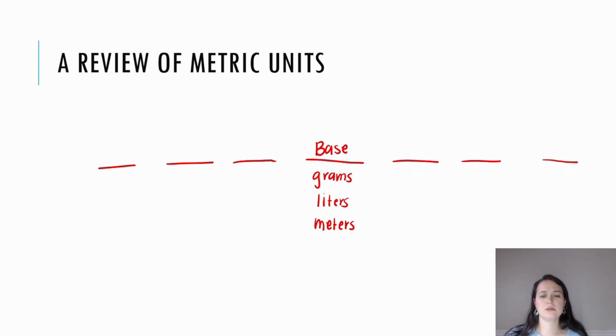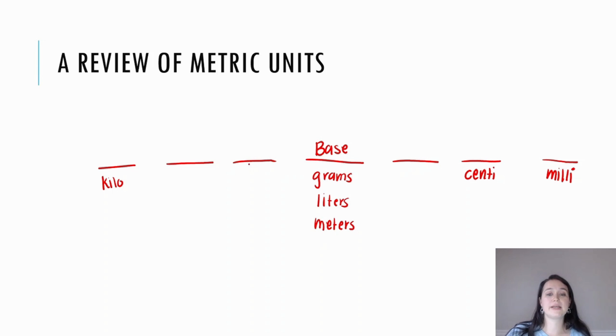You're talking about length. So what we have here, now there's more slots here than we're actually going to use. We're going to talk about kilometer, or just kilo, meters, liters, grams, whatever. Centi and milli, because those are the ones that come up the most. Now, if you have the other ones in there, you're welcome to look that up on your own.